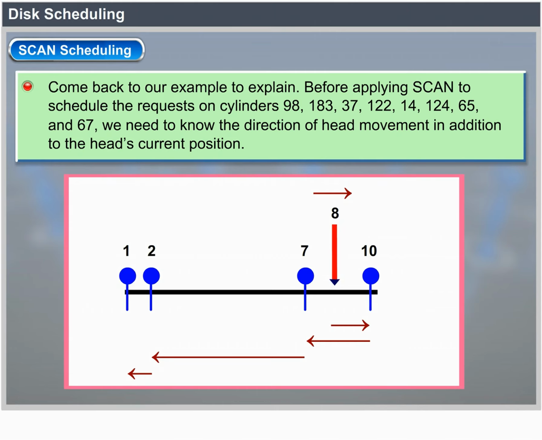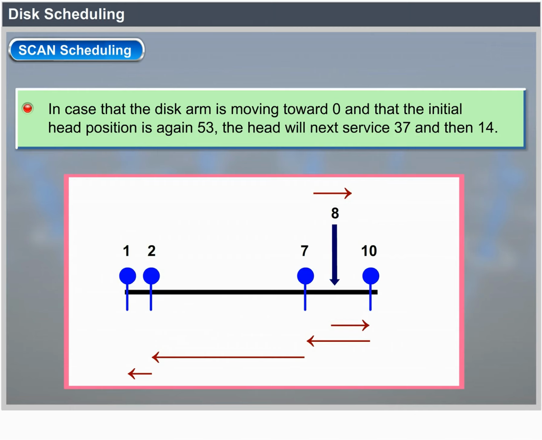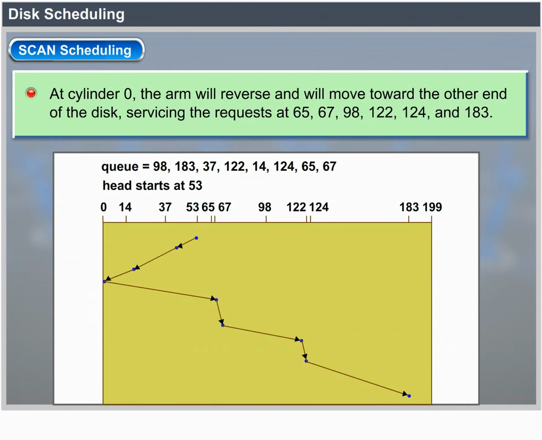Assuming that the disk arm is moving towards 0 and that the initial head position is again 53, the head will next service 37 and then 14. At cylinder 0, the arm will reverse and will move toward the other end of the disk, servicing the requests at 65, 67, 98, 122, 124, and 183.